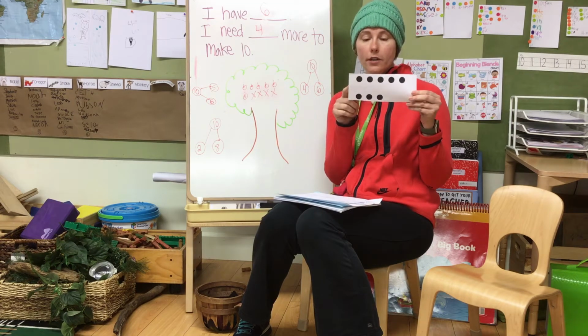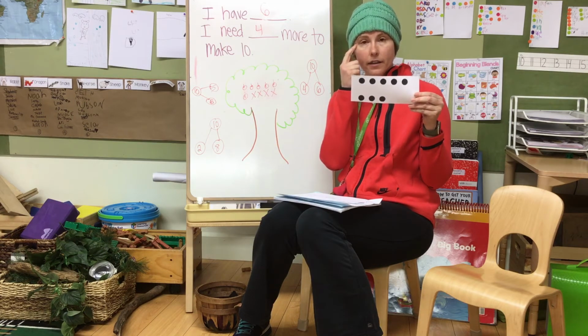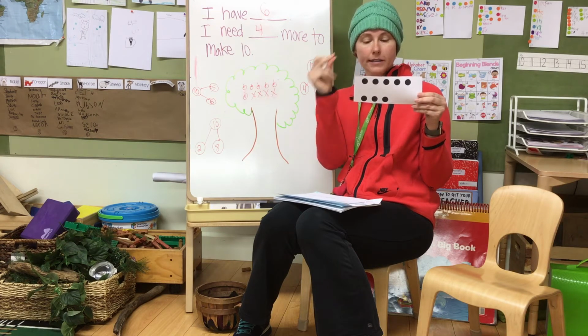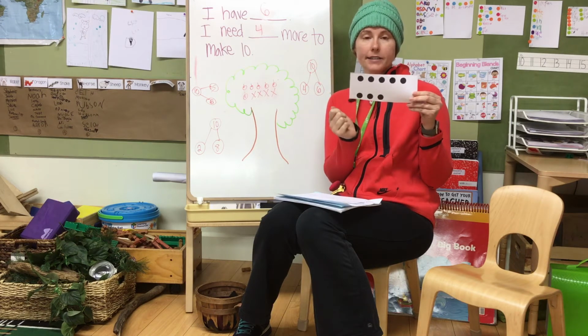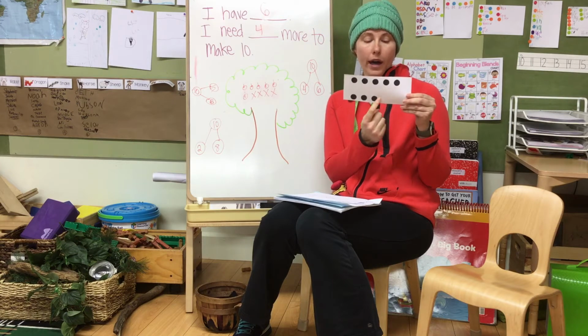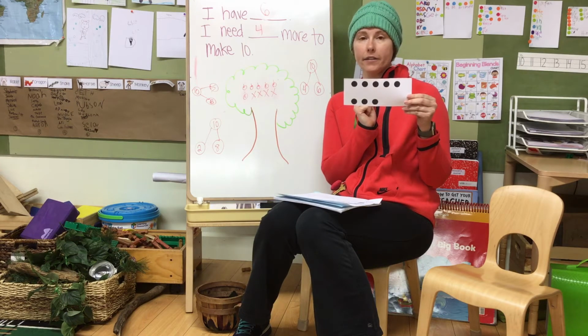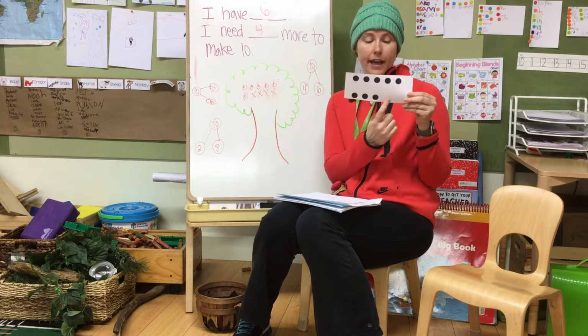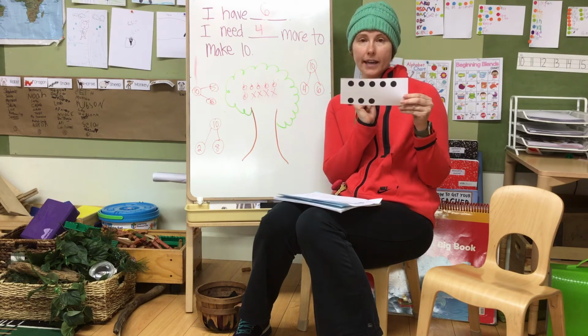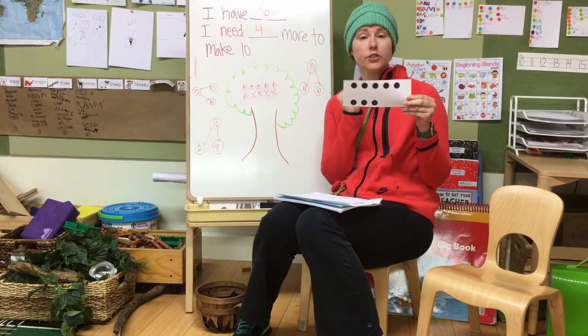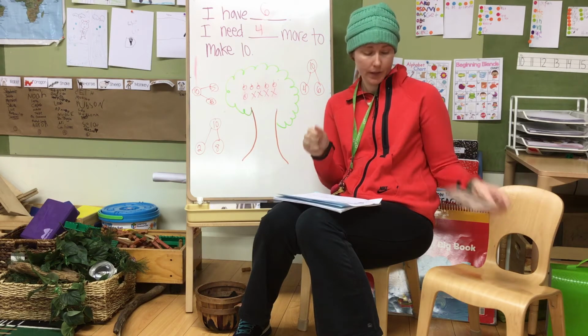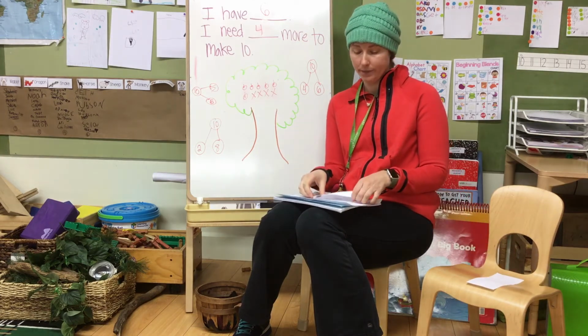So look, think, wait for the snap, snap. There's 8 dots here. How many more do I need to make 10? So I have 8, and I need how many more, these spots right here, to be filled in to make 10? If you know the answer, shout it out. 2. Nice job. 2 more to make 10.